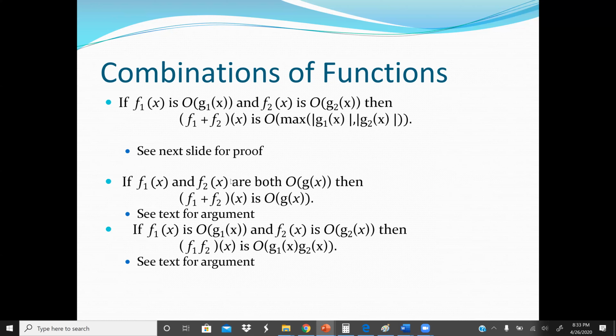But if f1 and f2 are the same g at x, big O g at x, then f1 plus f2 at x is big O g at x. And if we have f1 at x is big O g1 at x, and also f2 at x is big O g2 at x, then multiplication is also the same concept: f1 times f2 at x is big O of g1 at x times g2 at x.